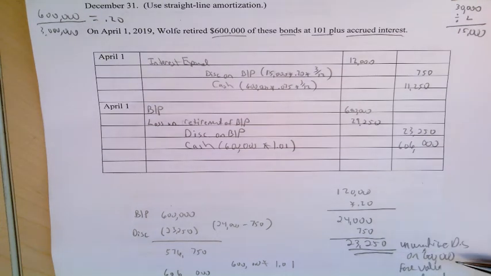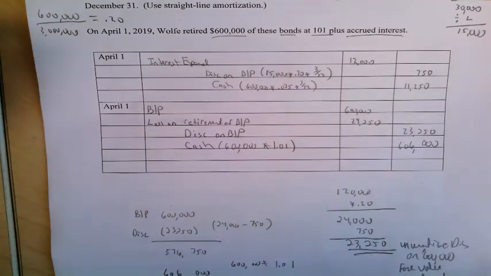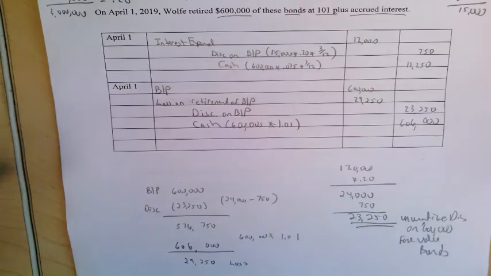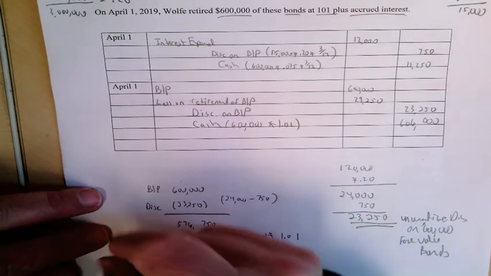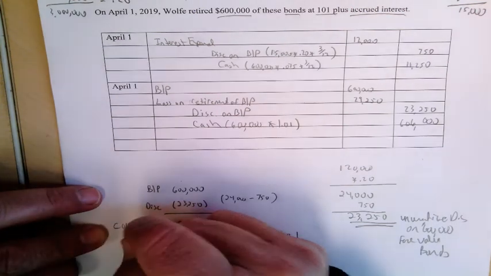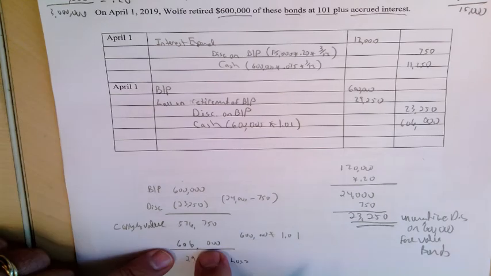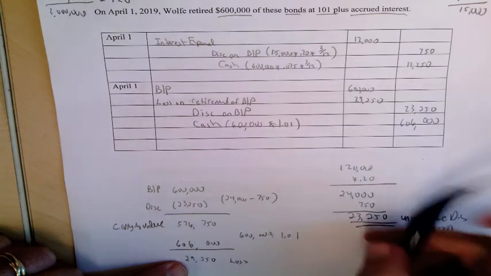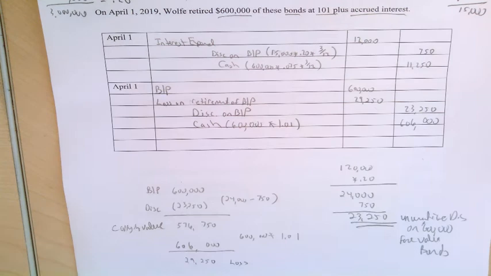So my unamortized discount on the $600,000 face value bonds is $23,250. All right, so here's my face value, here's my discount, here's my carrying value. There's my sales price, more than the carrying value, so that difference is a loss. And then I'm going to debit my loss on retirement, and then we always debit the bonds payable for their face value.